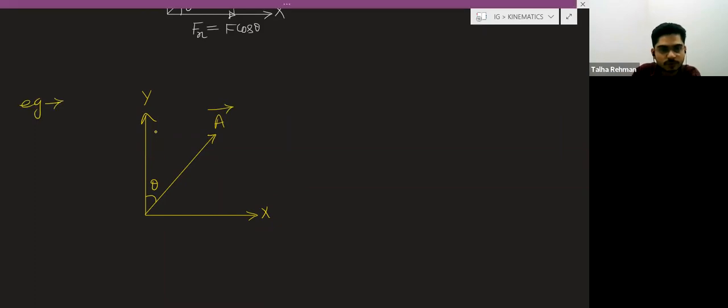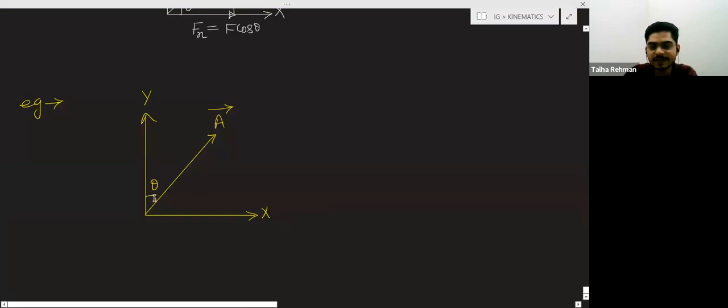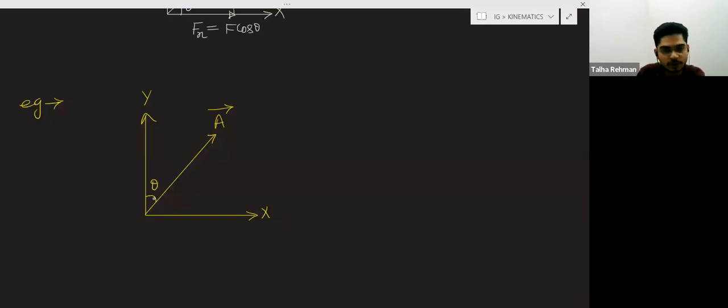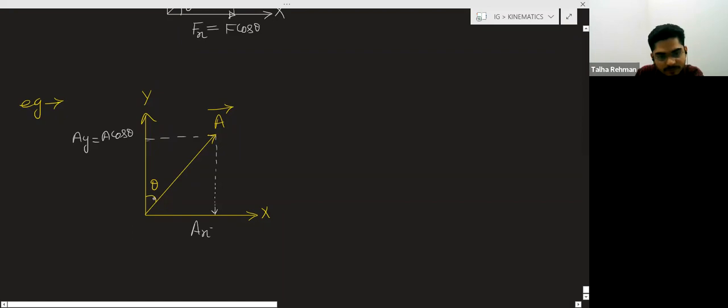Okay, so what we will do? Now this vector A is making an angle theta with the y-axis. So along the y-axis, the component of the vector becomes A cos theta, and along the x-axis, the component of the vector will become A sin theta. So remember these points.